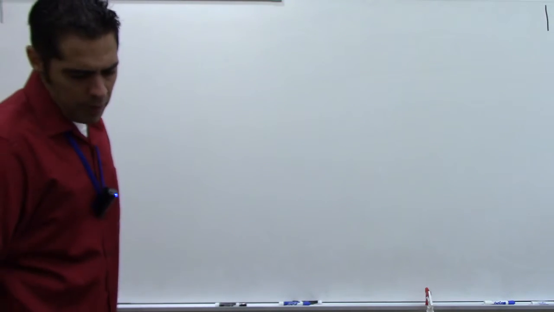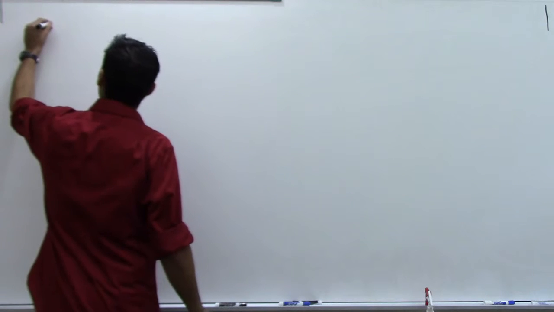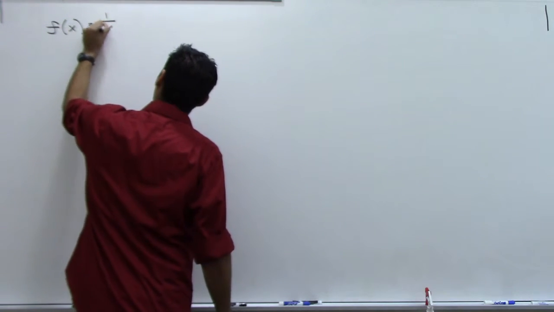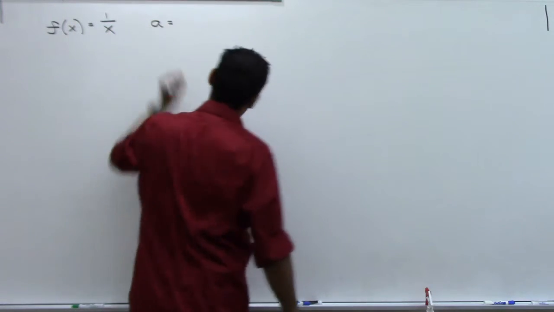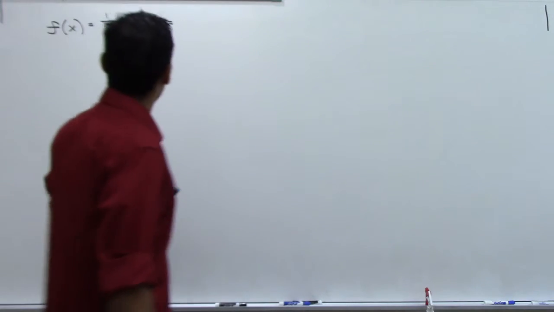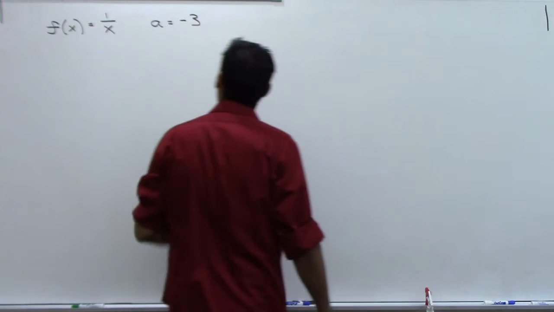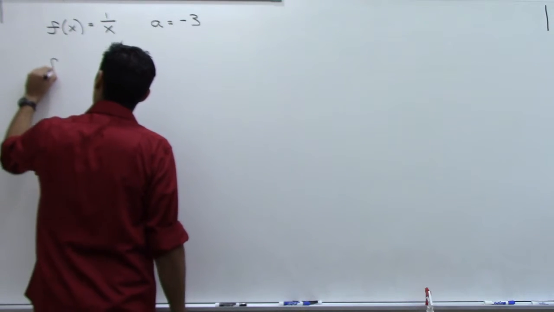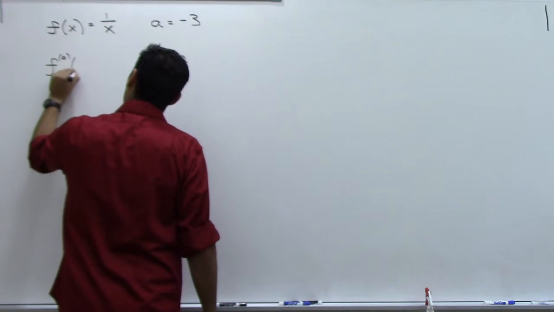Next one, 1 over x is the function. And we're going to do it about a is equal to -3. All right, so here we go. We are going to start doing our derivatives. The 0th derivative.